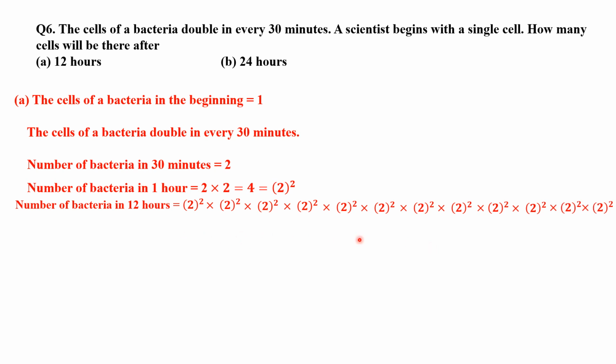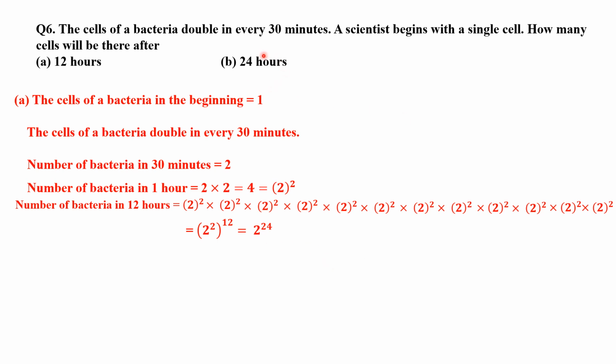So if you can see here, 2 to the power 2 is getting multiplied 12 times. And we know that repeated multiplication is exponent, right? So this we can write as 2 squared whole to the power 12 because it is getting multiplied 12 times. And then if you use the power law, 2 into 12 will give me 24. So the number of bacteria in 12 hours is 2 to the power 24.